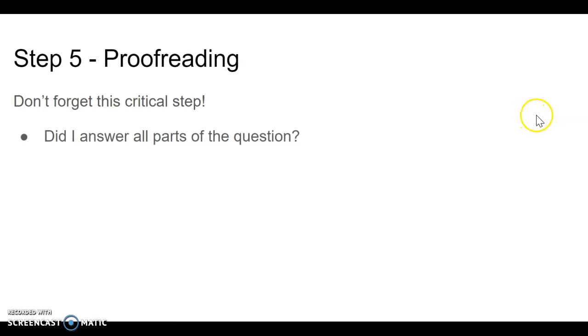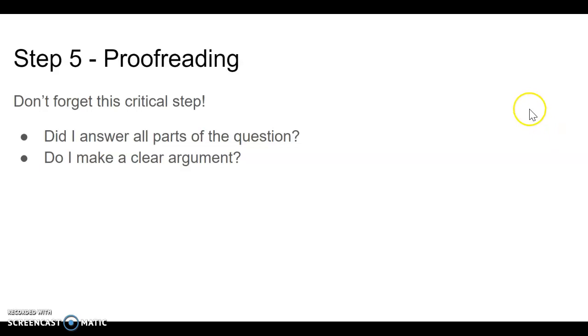You want to ask yourself, did I answer all parts of the question? If you've broken down the question and the directions, this should be easy. You also want to ask, did I make a clear argument? You saw how clear that argument was in my example. Mary Maloney was both helped and hurt by the gender roles of the time in Roald Dahl's classic story, Lamb to the Slaughter.